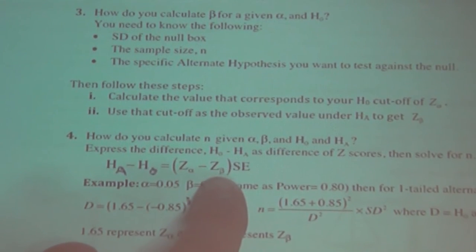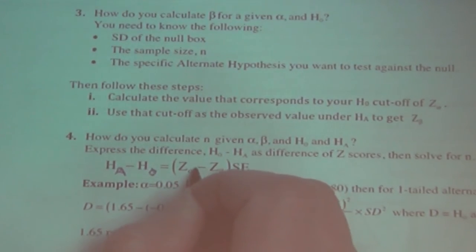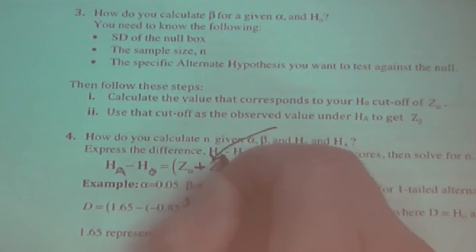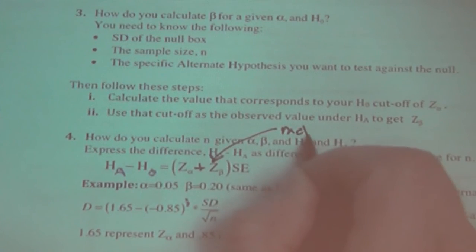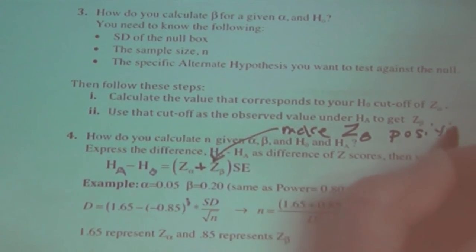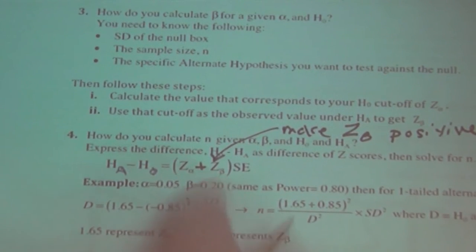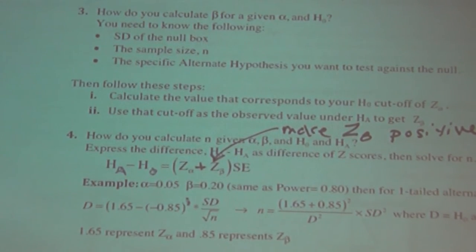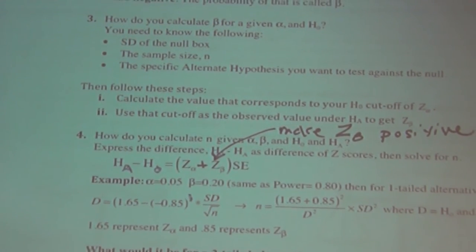Well, that's if you're writing, it's easier to think of just adding them, and then just make z beta positive. Take the absolute value of z beta. It's just easier to think of it as a distance that way, instead of saying subtracting the negative.